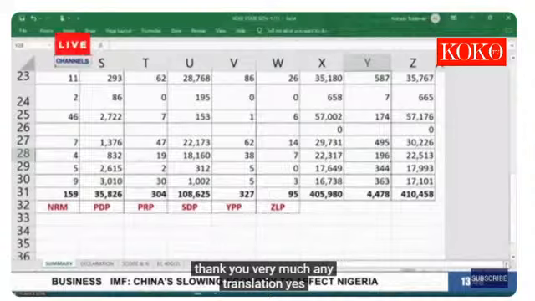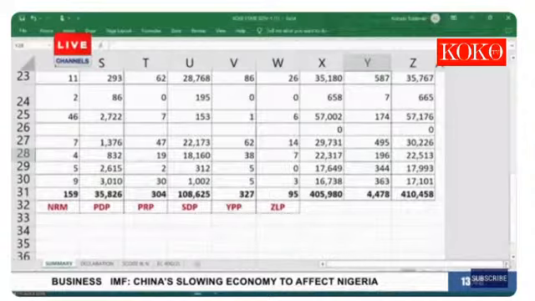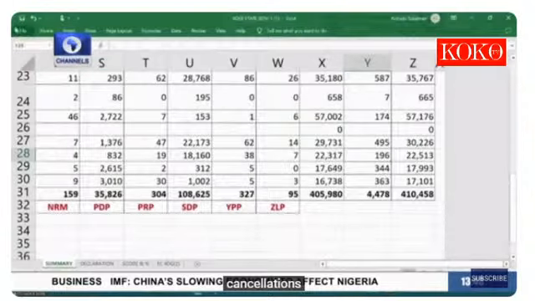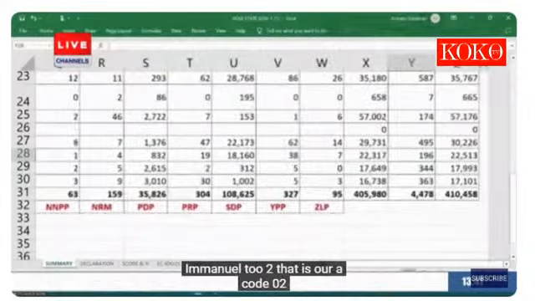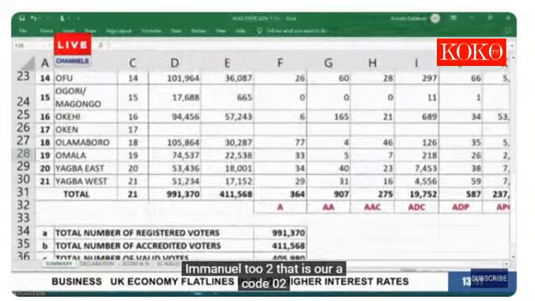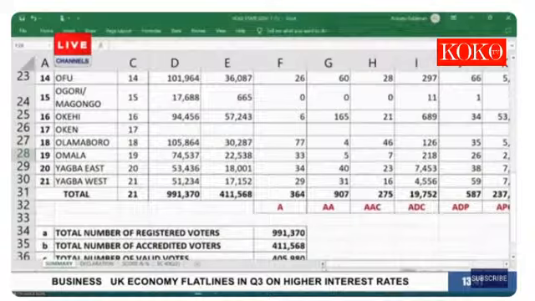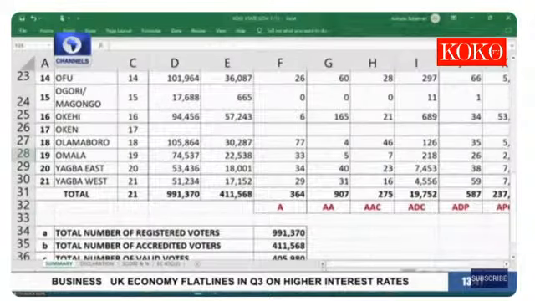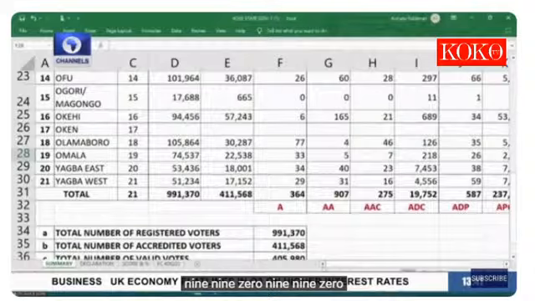Any cancellations? Yes. What are the reasons for the cancellation? Overvoting. We had 2 cancellations. One in Imani Ward 2, that is RA code 02. The number of registered voters there is 990.